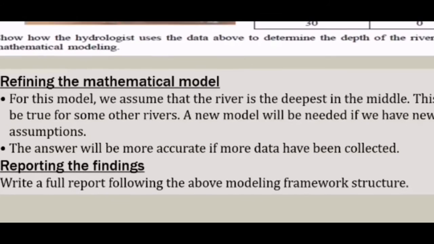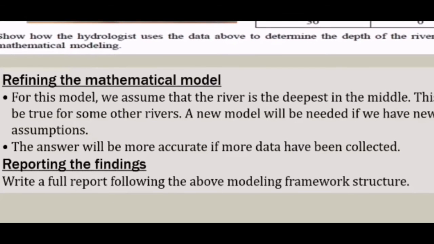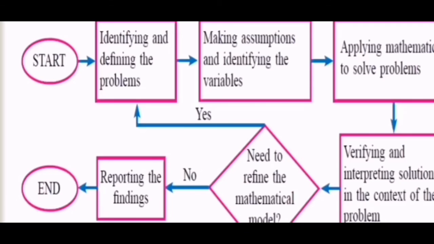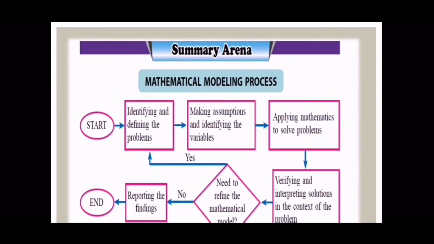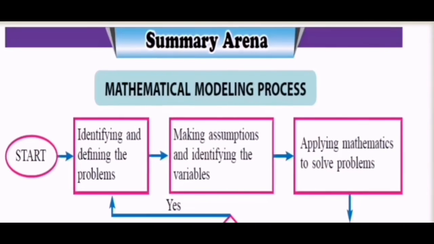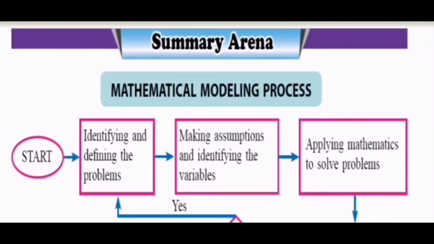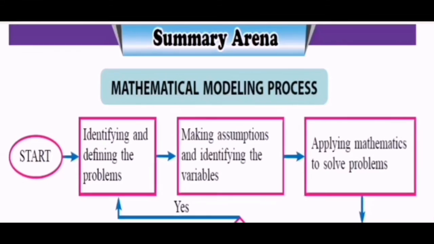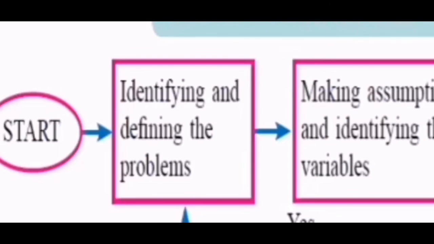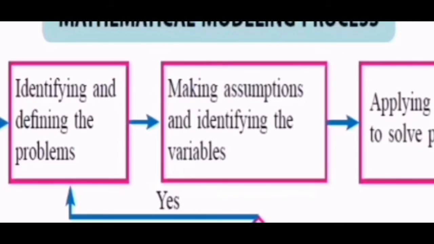The last step is reporting the findings. We can write a full report following the above modeling framework structure. In conclusion, we can start the mathematical modeling process by identifying and defining the problem. Then we make assumptions and identify the variables.